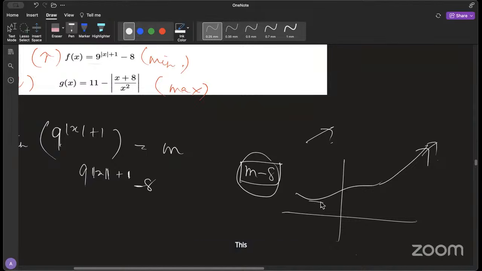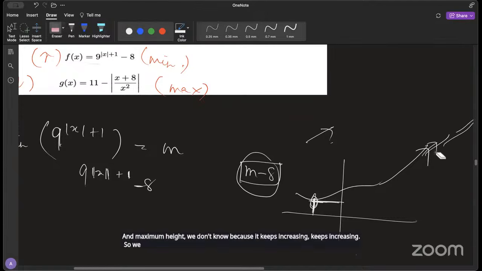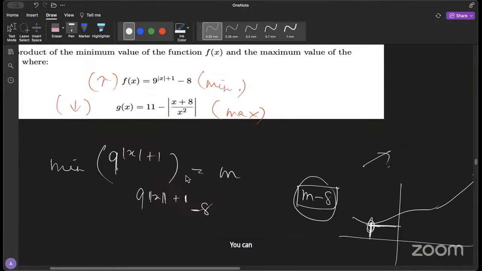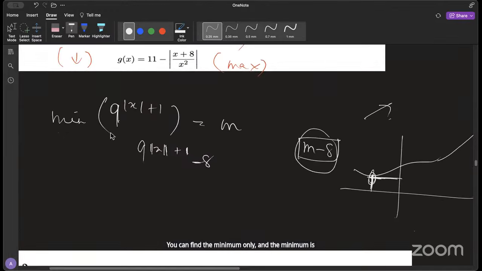This height is its minimum value. And the maximum height we don't know, because it keeps increasing. So you can't find the maximum of this function. You can find the minimum only.